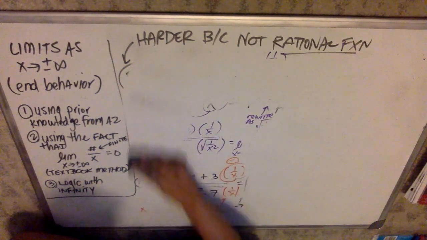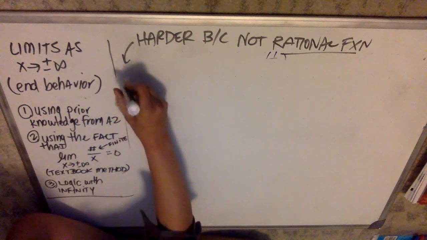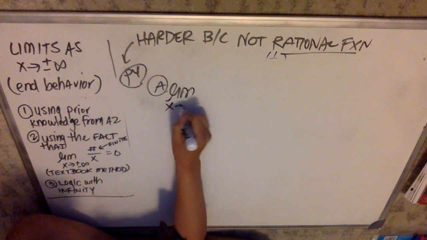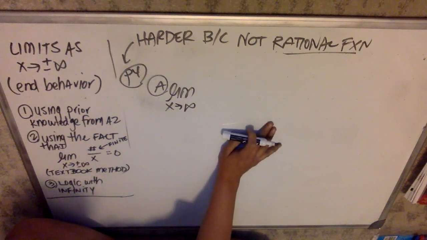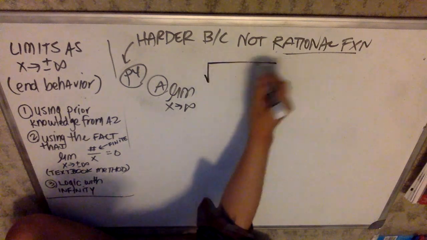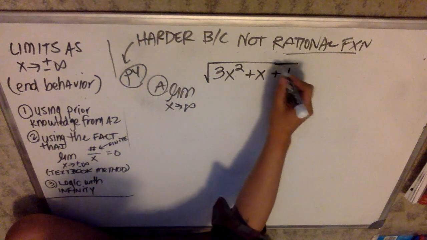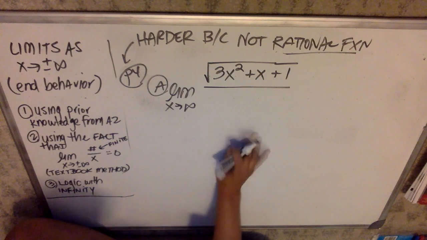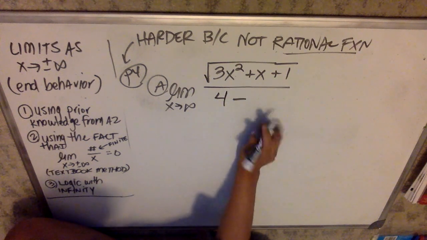So let's do a P4 that's going to be similar. So P4, same thing. So for A, let's do the limit as x approaches infinity of the square root of 3x squared plus x plus 1 over 4 minus 2x.